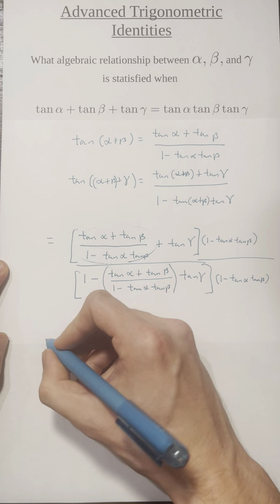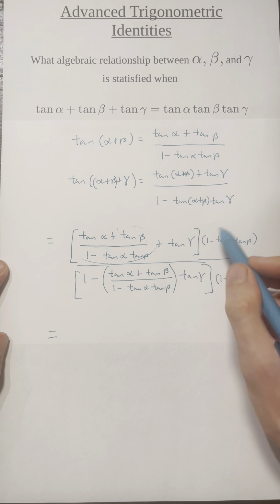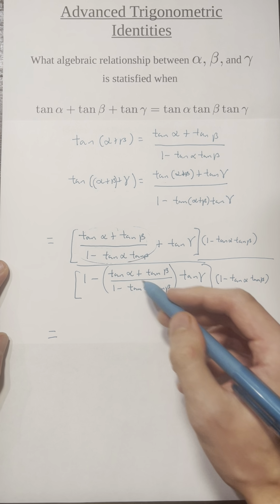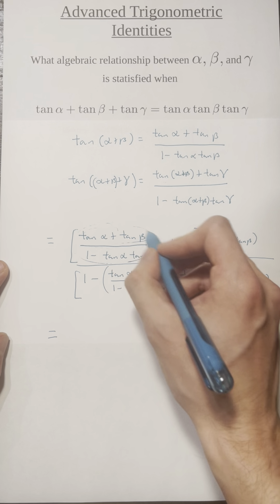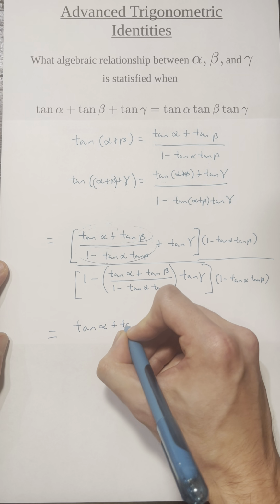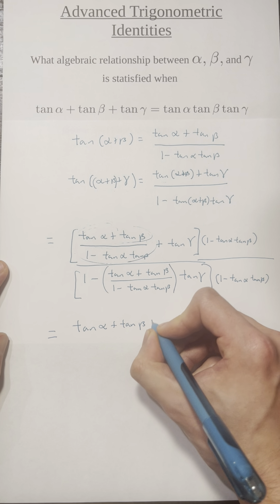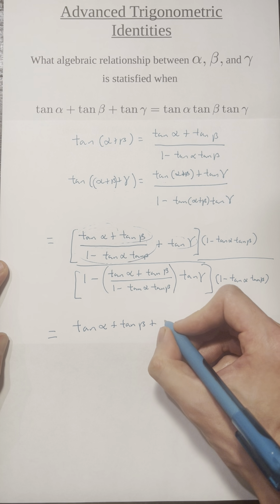So what is this equal to? If I multiply this with this, that gets rid of the denominator, and we're just left with this. And then plus this times this.